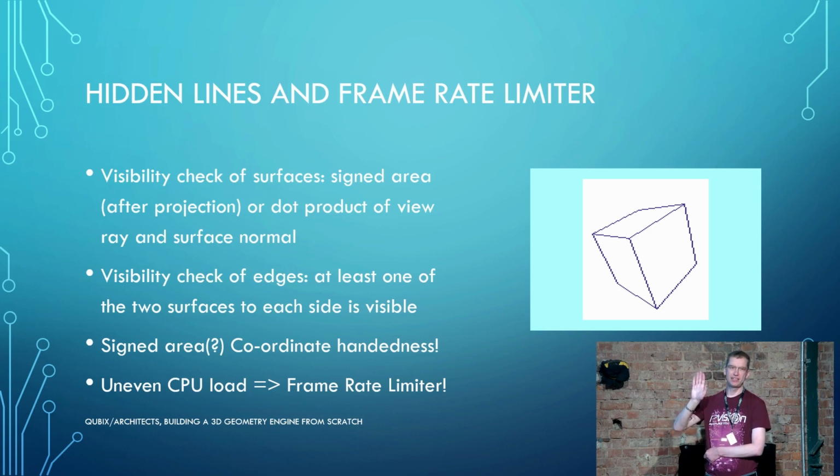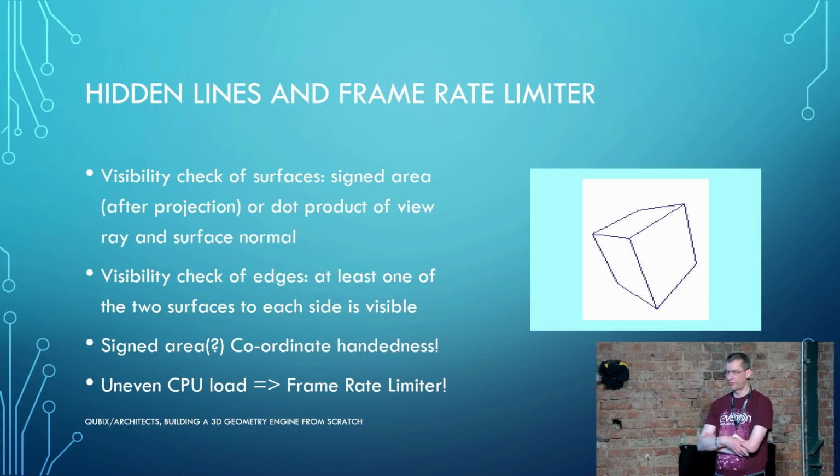And then when the face looks away from you, 2 of the points change their position, and the area then becomes negative, and then you can't see that surface anymore. In any case, depending on how the cube is being shown on screen, you only see either 4 lines, 7 lines, or 9 lines, and that gives a very uneven CPU load.